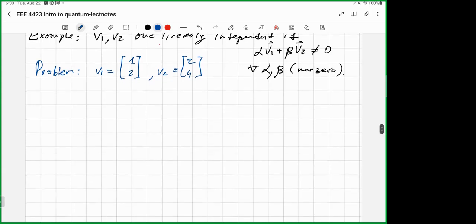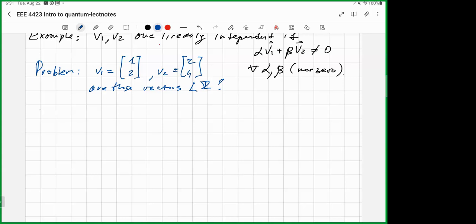Those of you who had a course on linear algebra already know the answer. So are these vectors linearly independent? Let's check that.